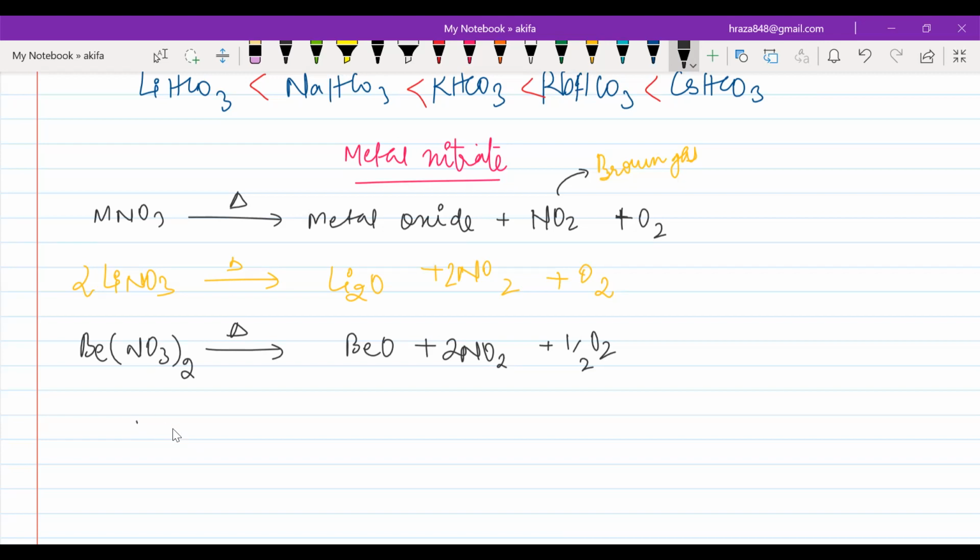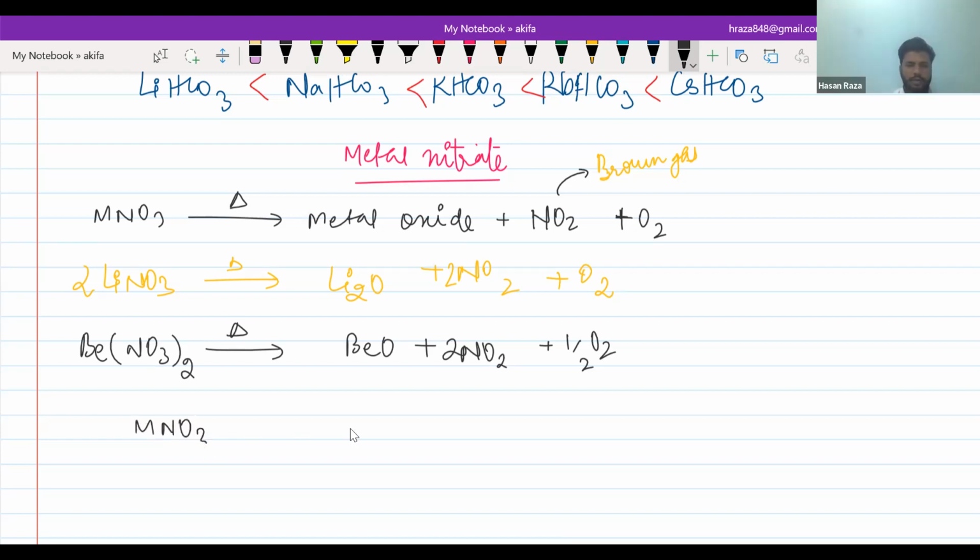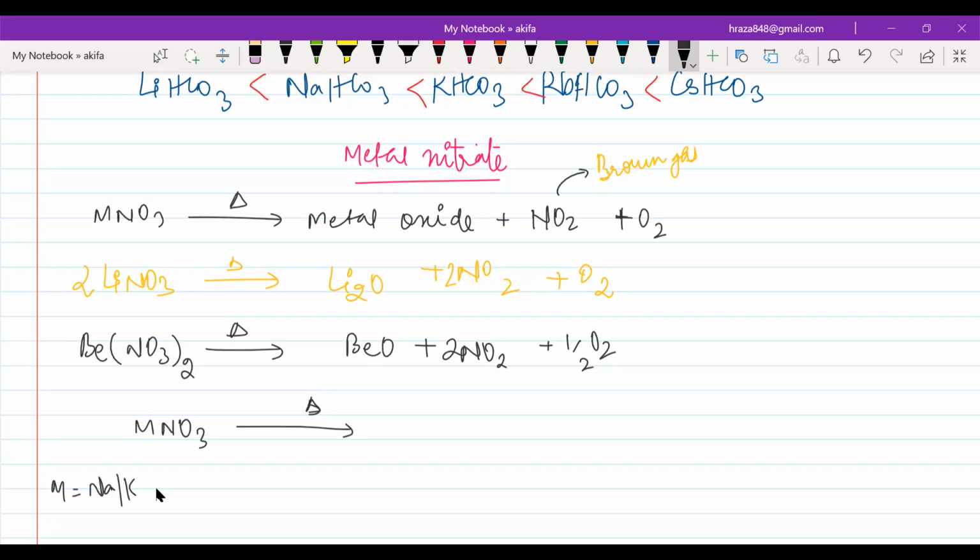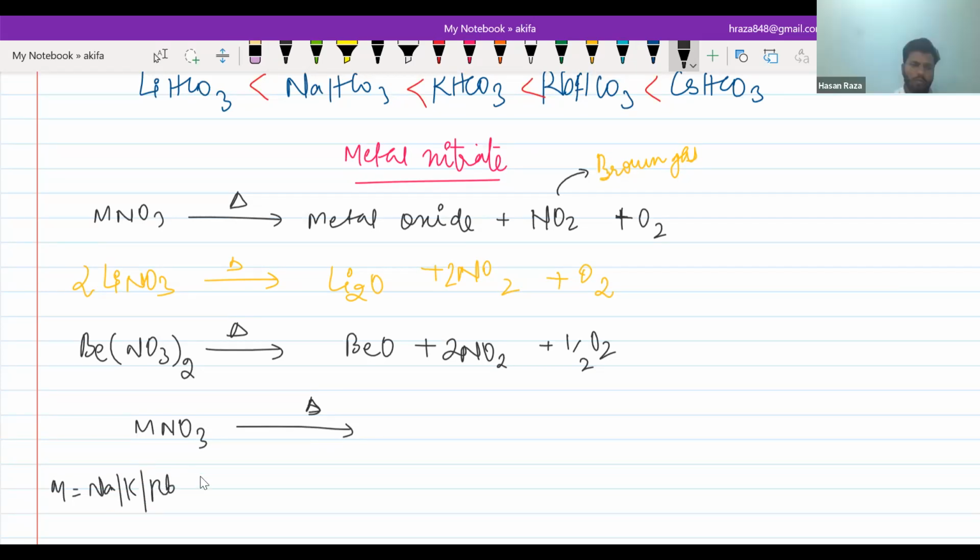Always remember MNO3, if heated, where M is sodium, potassium, rubidium, and cesium, will be converted into metal nitrite, MNO2.